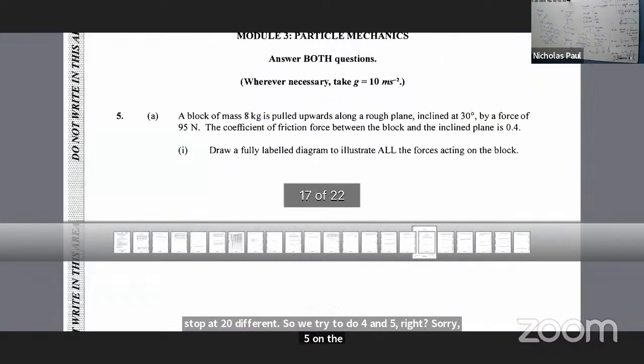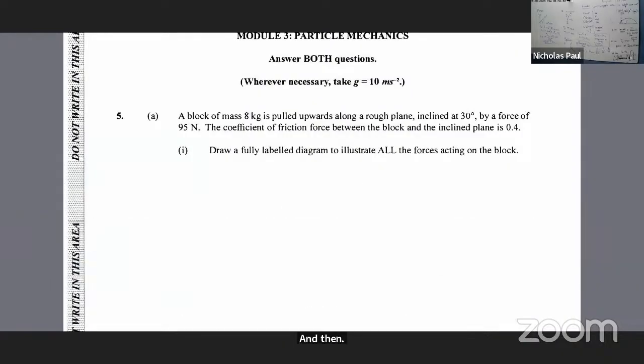When you finish 5, you correct 5. 2022, number 5 and number 6. Yeah, start with 5.